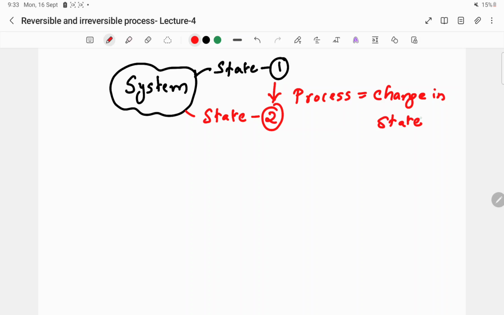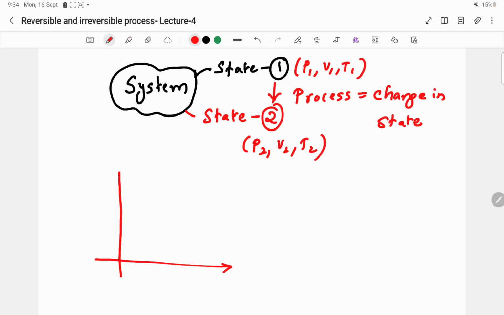And what is state? It is the condition of the system which is dependent on the thermodynamic properties, right? If you remember, it is, let's say, P1, V1, T1, and it is P2, V2, and T2. All right, and one diagram that is called indicator diagram or PV diagram. P stands for pressure and V stands for volume; volume in the x-axis, pressure in the y-axis.